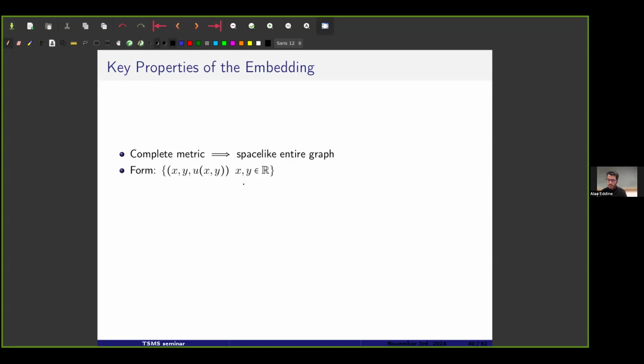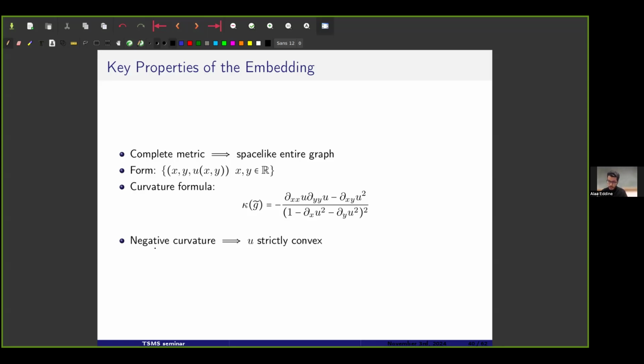So the image is the graph of some one-Lipschitz function, and if we compute the curvature now, it will have this form, and it is easy to see that if the curvature is negative, which is the case here, then u is strictly convex, because we see here the determinant of the Hessian of u. So our embedding is just a graph of some function, and since the curvature is negative, it is the graph of a convex function.